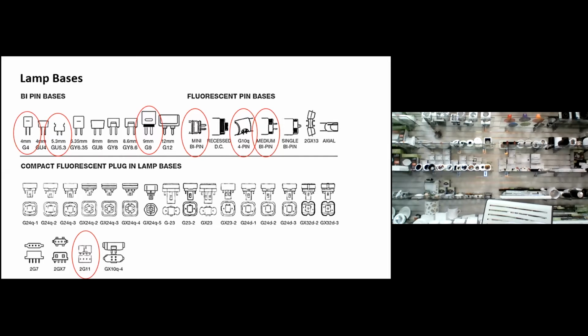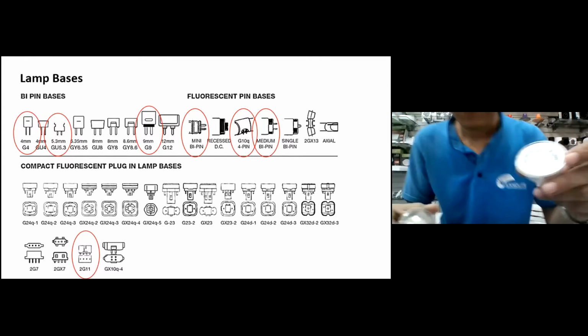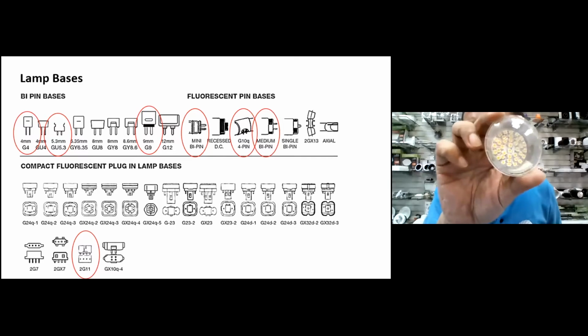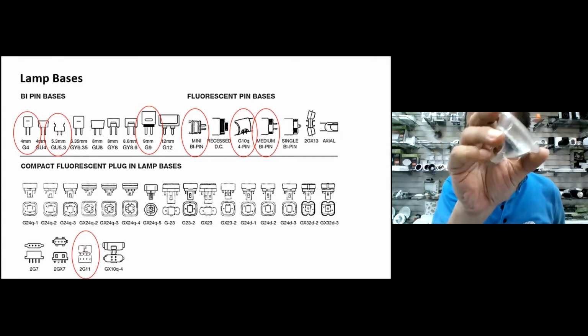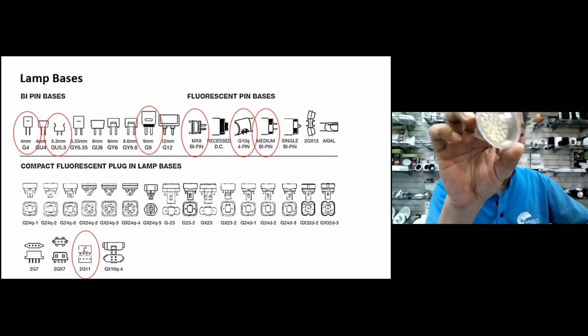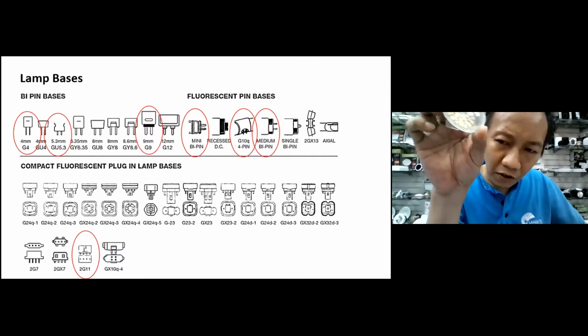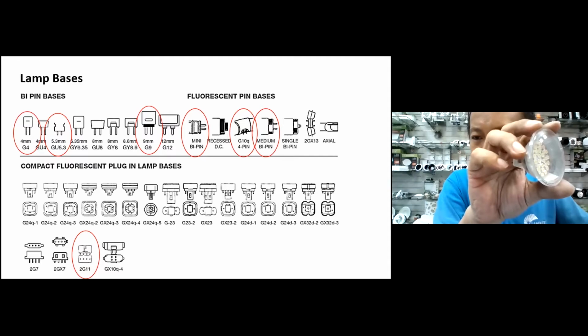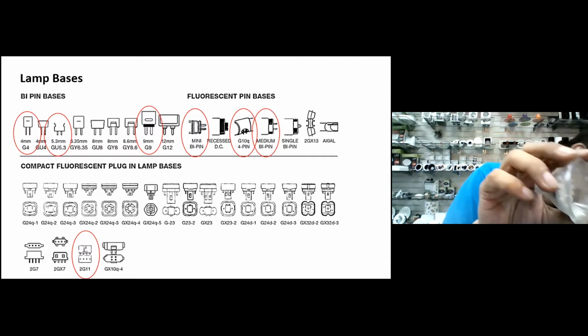The COB is more expensive. SMD means surface mounted diode.